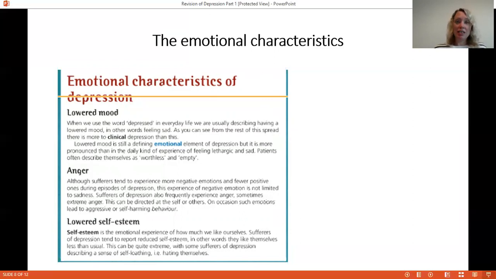So linked into this lethargic, sad feeling. And then the third one is lowered self-esteem. So we've got the lowered mood and the lowered self-esteem. Again, a feeling of no self-worth, being worthless, even a feeling of self-loathing. So all of those, you can see how they fit quite closely to behavioural characteristics, but they are distinct because they are about feelings.